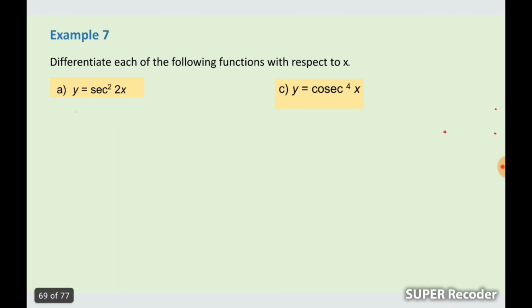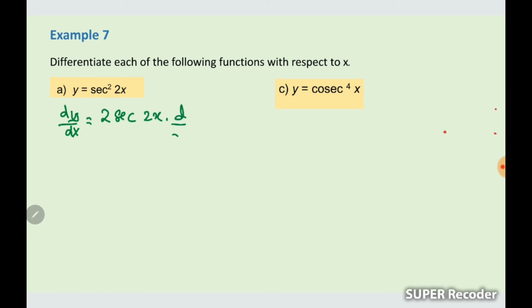Differentiate y equals secant squared 2x. So dy dx is equal to, we have power 2 here, so you have to bring 2 in front. 2 secant, 2 minus 1 is 1, so you don't have to write the power.